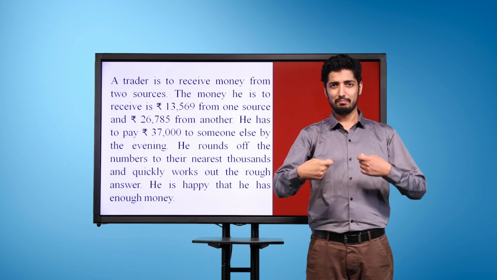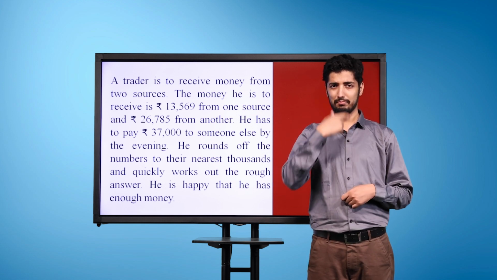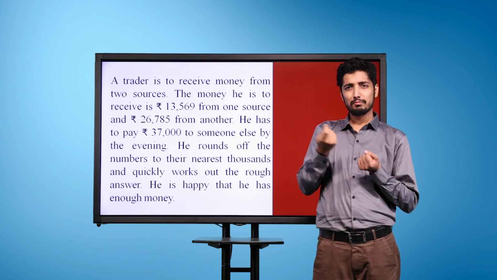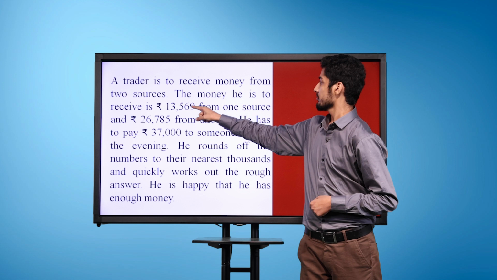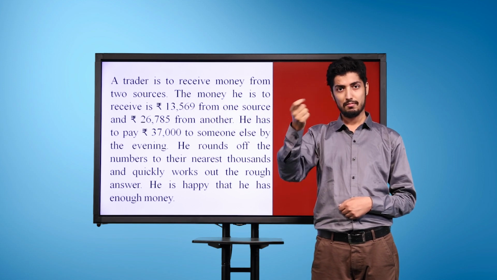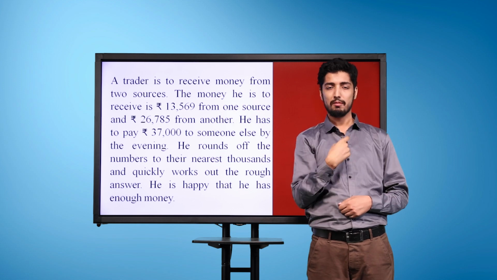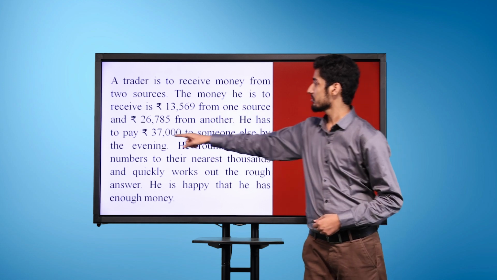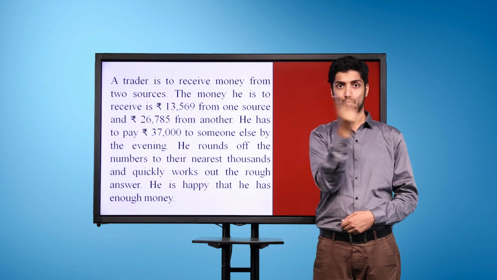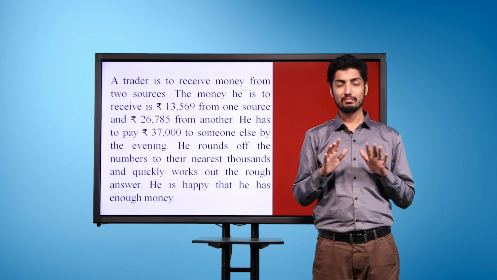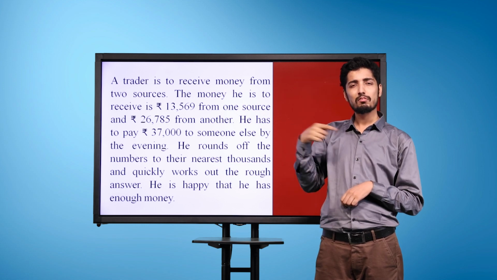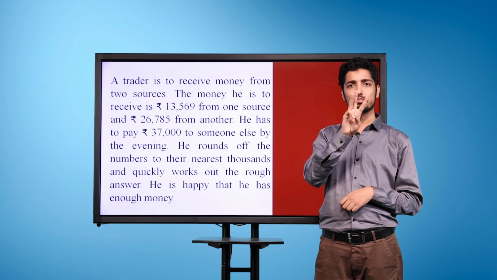A trader is to receive money from two sources. The money he is to receive is 13,569 rupees from one source and 26,785 rupees from another. He has to pay 37,000 rupees to someone else by the evening.